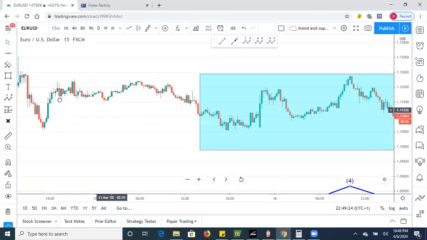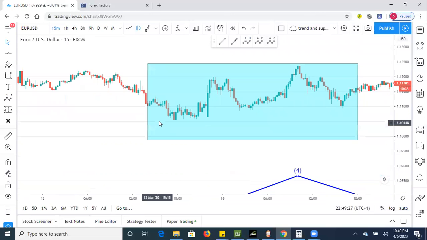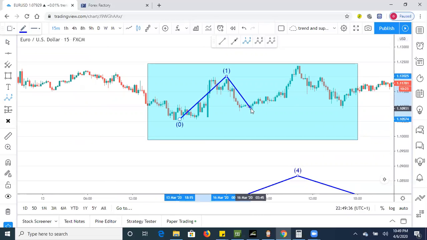So on the 13th of March in our shaded box, well, it looks something like an uptrend, right? Push, then it gave you a higher low, and made a higher high. Then this.